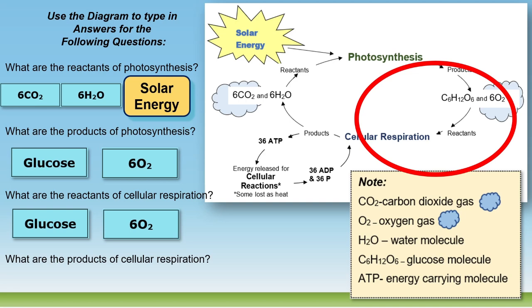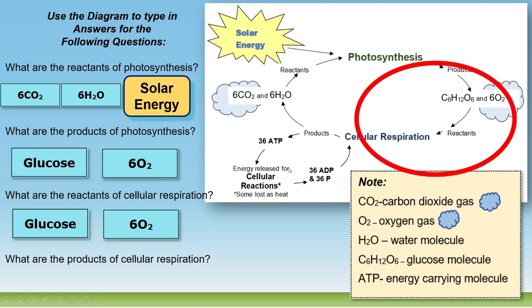Go right under number 3 and write down C6H12O6. Under that, you can label it glucose. Plus sign, and then 6O2, so 6 oxygen molecules.